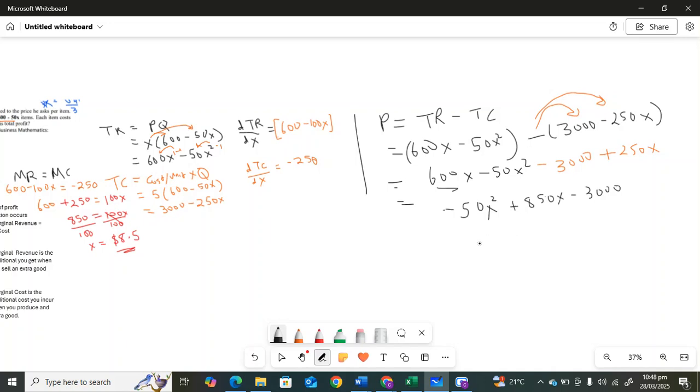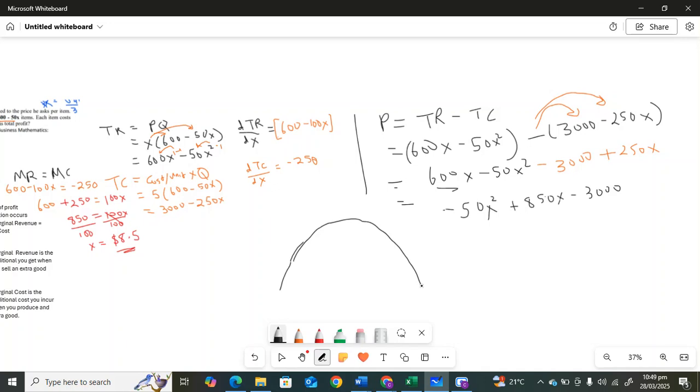Okay, so we have a quadratic equation here. This is a quadratic equation because of what? X squared. So according to the principles of quadratic equations, when your leading coefficient, your a value, is negative, meaning it's less than 0, it means the quadratic equation is in this form here, an upside down parabola.